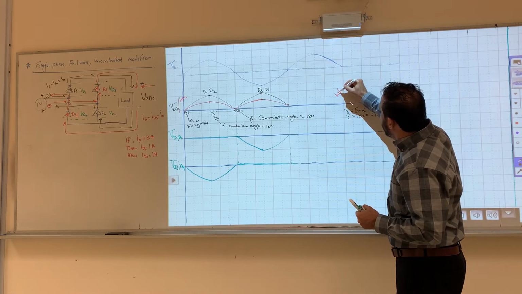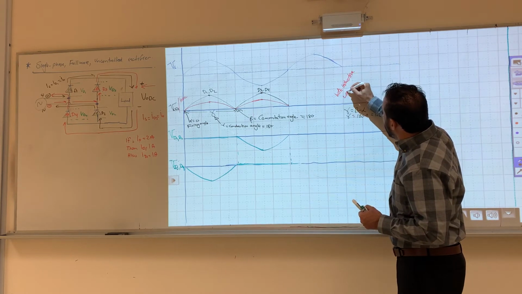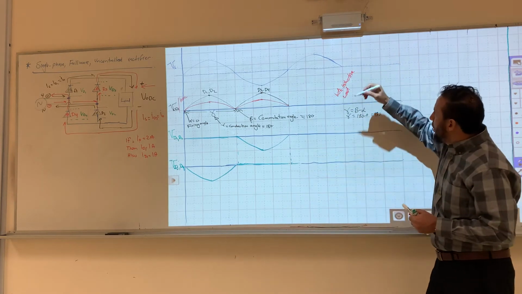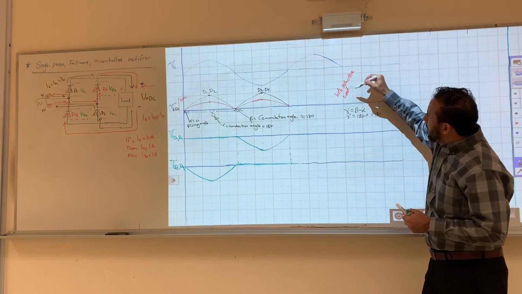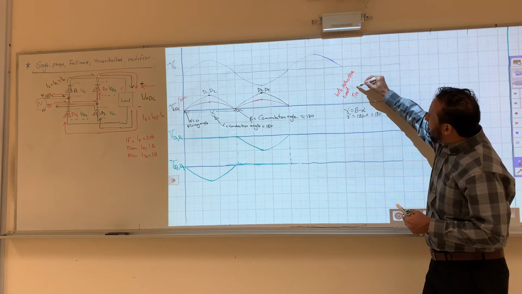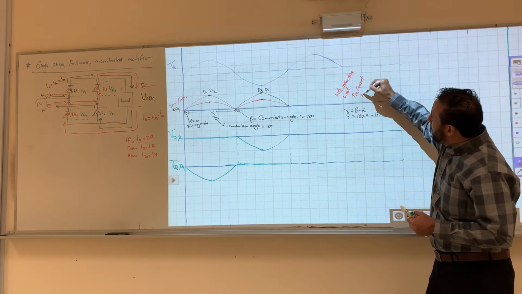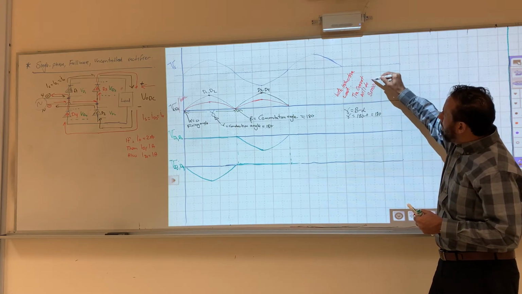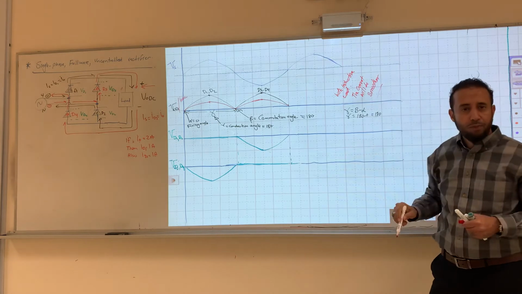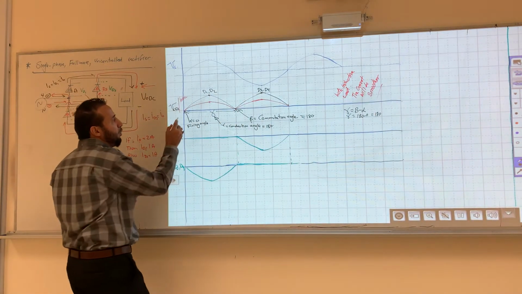With inductive load, the only difference is the current will be smoother. So the current with inductive load will be like this.